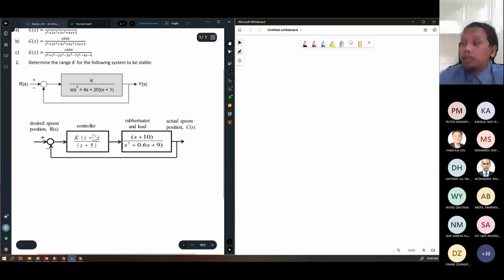If you look at the forward transfer function of this system, you can see that these two blocks, the controller and the actuator and load, are arranged in cascade. So first you need to multiply these two together, and then you can simplify the feedback loop. From here you can find the closed loop transfer function.